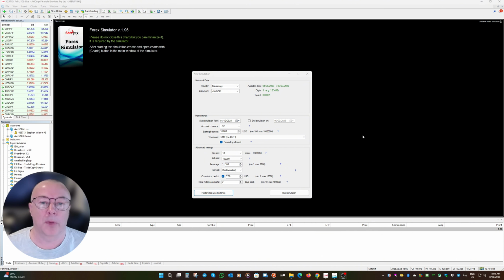Okay, loading up the simulator software. Today we're going to do the test using the US and Canadian dollar. We're starting with a 10k account, and the reason I'm using a 10k account for the simulated challenge is I don't want to spend $500 on a 100k account, and find out that we don't pass the challenge and have to buy 4 or 5 of these accounts before we actually pass.